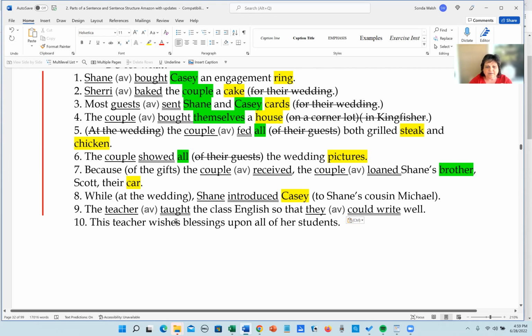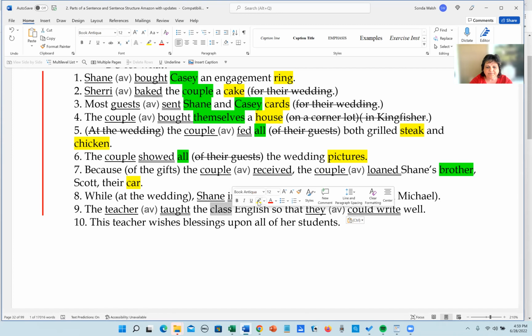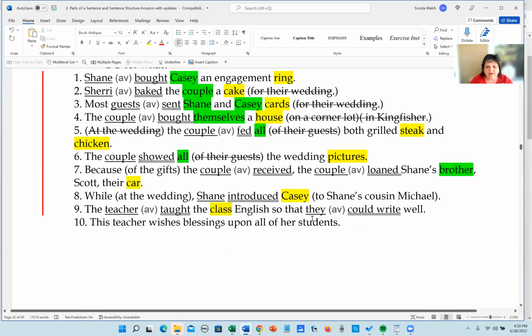Let's see if we can identify the rest. Teacher taught who? Teacher taught what? Teacher taught the class. They could write who. Okay, well tells how, so it is an adverb.